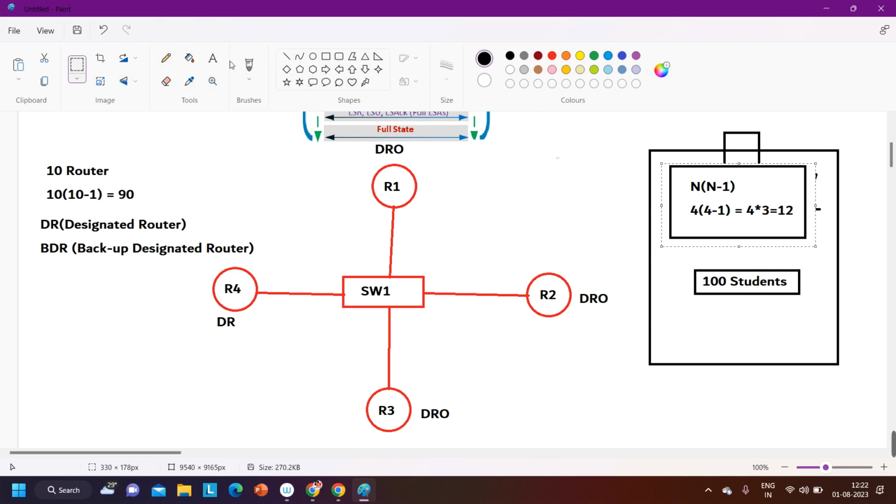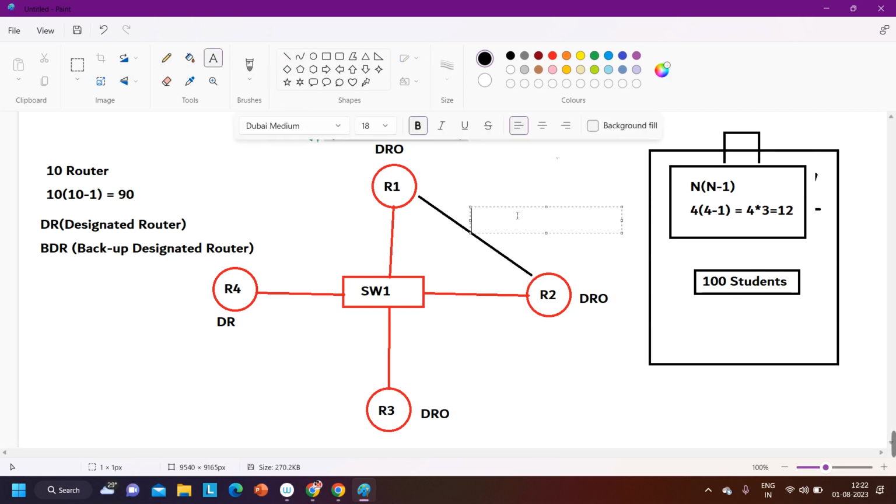It will not form full neighborship between DR other and DR other. Between DR other and DR other, there will be two-way neighborship only. They cannot form full neighborship.